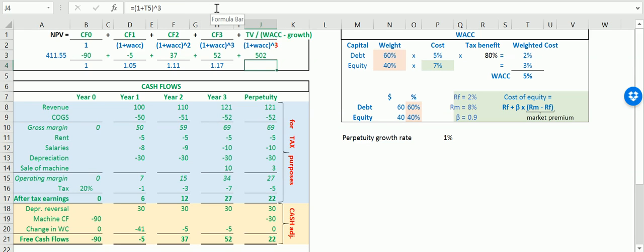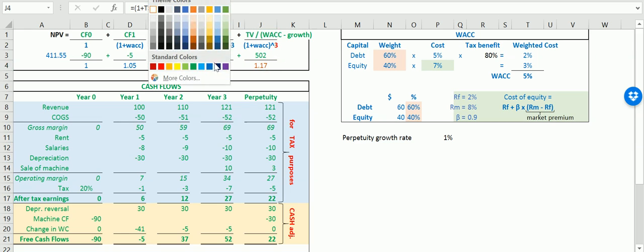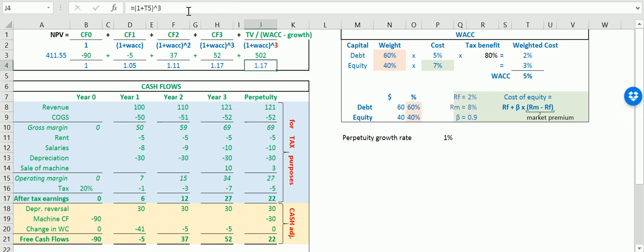This is, however, the present value of the terminal value at the end of year 3, and that's why we have to discount it to year 0, and we do that by dividing it by 1 plus WACC to the power of 3. I put number 3 in red here because a very frequent mistake is that people discount it as if it were a fourth period. But just remember, it has to be discounted with the same number of years as your last cash flow.